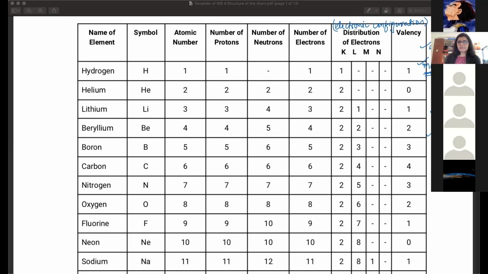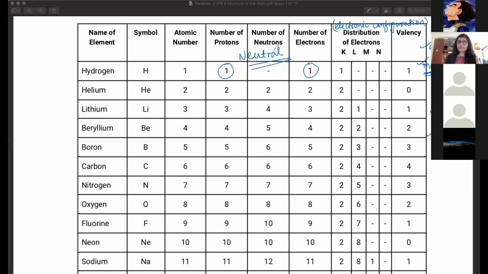Number of electrons will always be equal to the number of protons in a neutral atom. If something is not neutral, if it has a positive or a negative charge, do you remember what we call it? Ma'am, noble. Anion and cation.